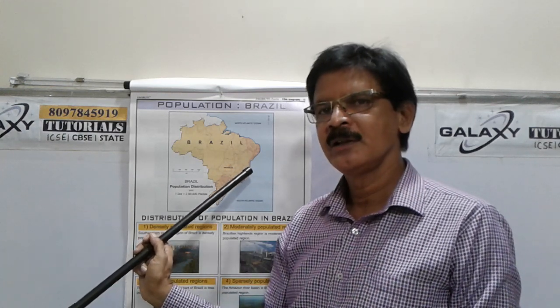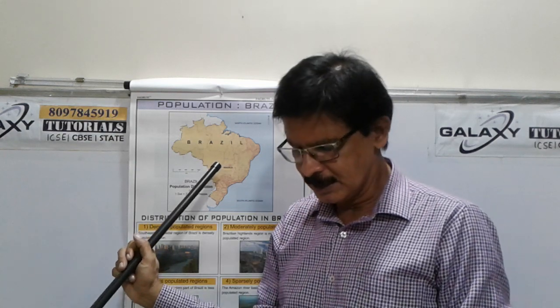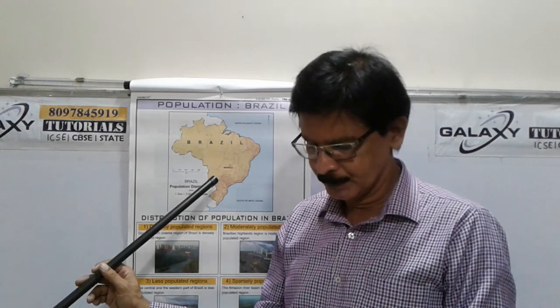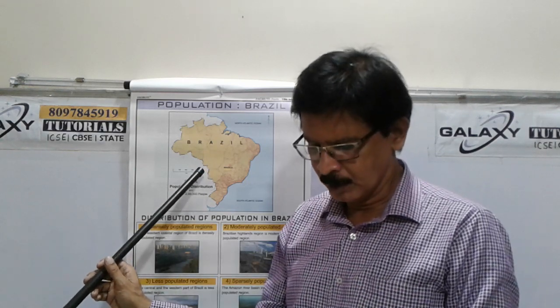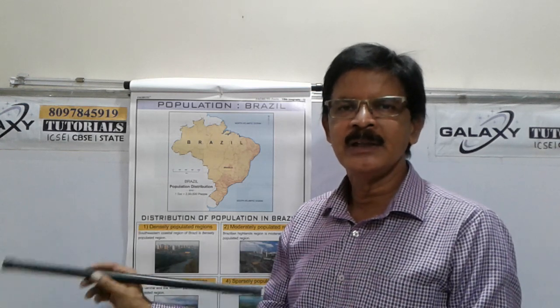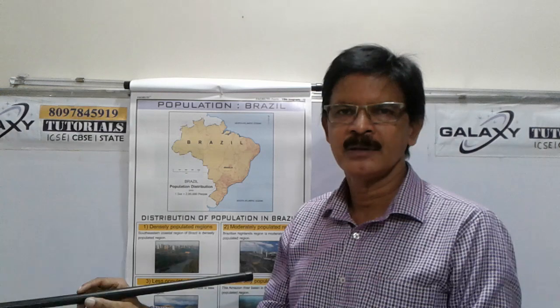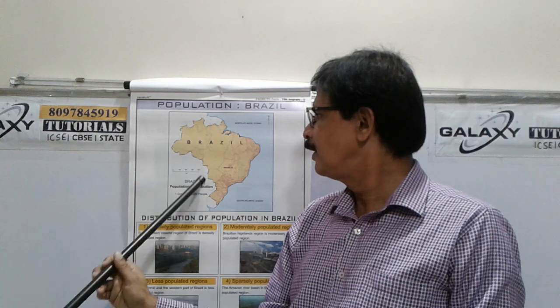So just imagine what the population will be in other South American countries. It will naturally be less than this. The population of Brazil is just 19 crores compared with 121 crores of India. The population of Brazil, 19 crores according to the census of 2010, ranks 5th in the world. With 19 crores, it is 5th in the world in terms of population. It is also 5th in the world in terms of area.